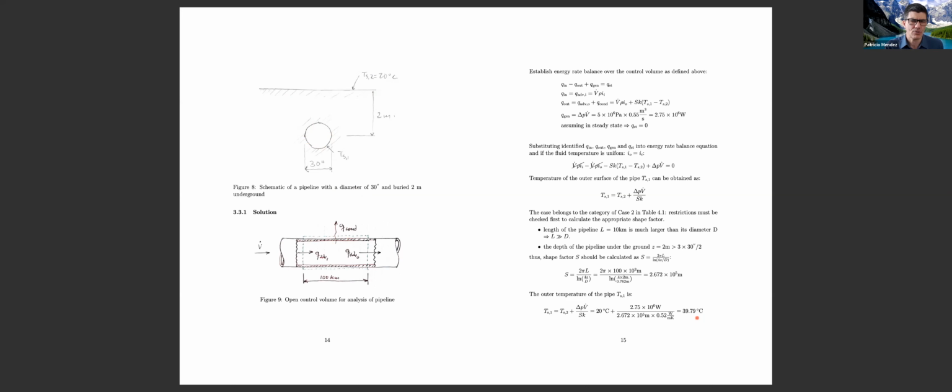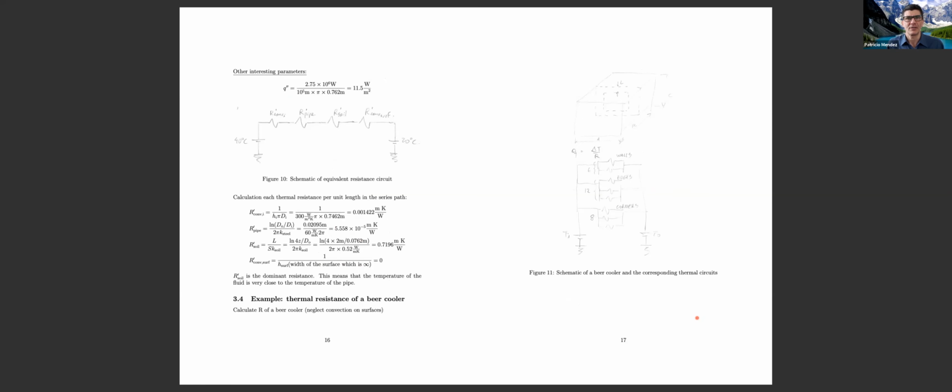But by the way, you should know that that's pretty much the temperature of the fluid. But how do we know? All right, let's check it out.